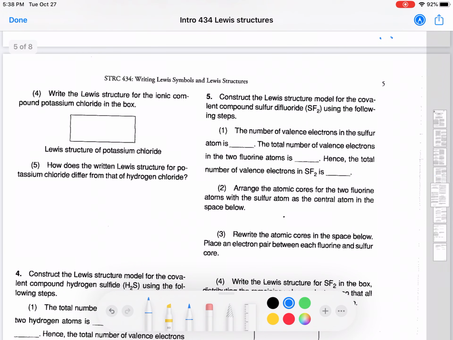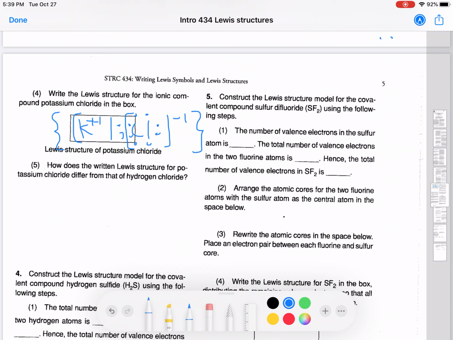So then the Lewis structure would be potassium plus 1 in parentheses, and then a semicolon, and then you have chloride, Cl with 1, 2, 3, 4, 5, 6, 7, 8 electrons, put a square bracket with minus 1, and then you put curly brackets, just like your textbook says.